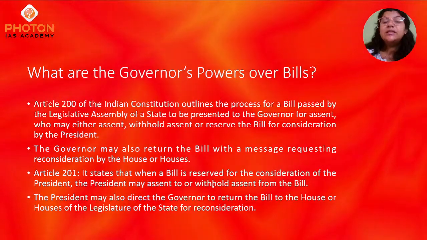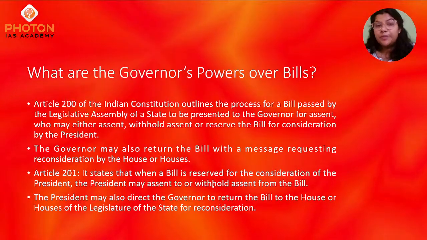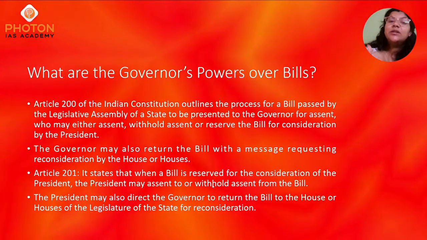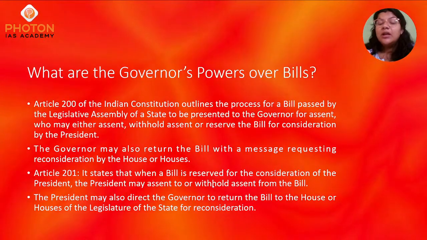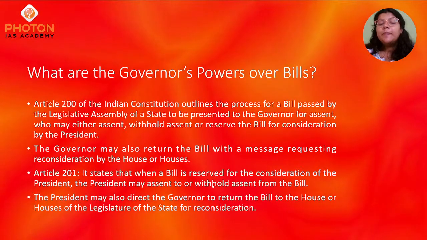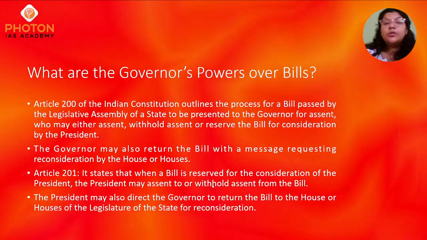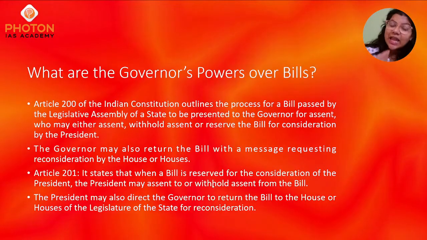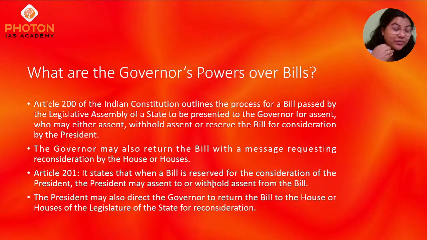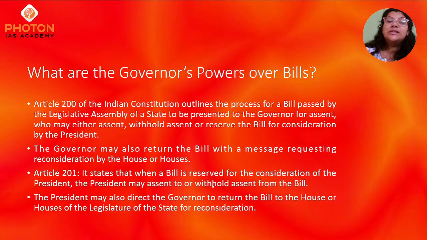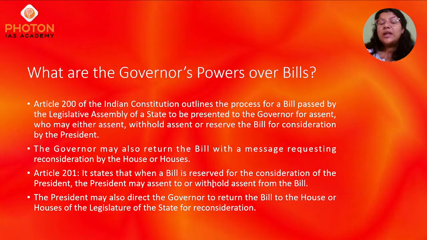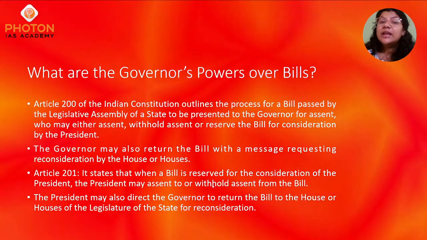But in the case the governor reserves the bill for the president and the president returns this particular bill to the state legislature, and the state legislature, without corrections, gives it back to the president, the president can again resubmit it back. The president does not necessarily have to agree to the bill once it has been resubmitted.